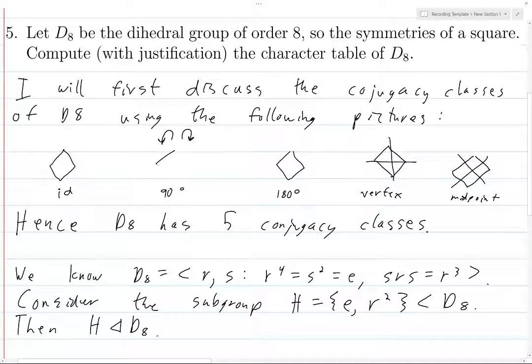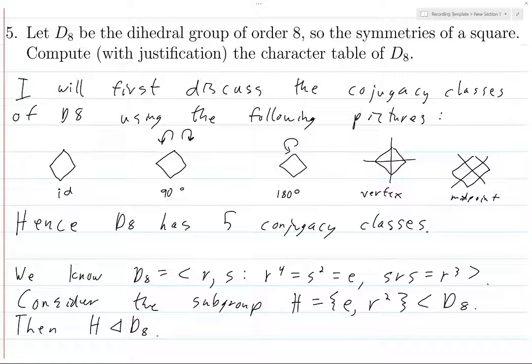Or you're allowed to just use a geometric argument. If we were allowed to use a geometric argument, we could just say, hey, look at these conjugacy classes. This 180-degree rotation is in its own conjugacy class, and the subgroup that it generates is just E and itself.